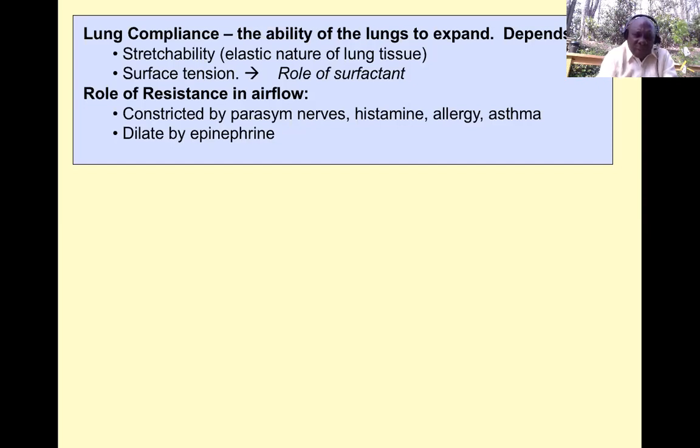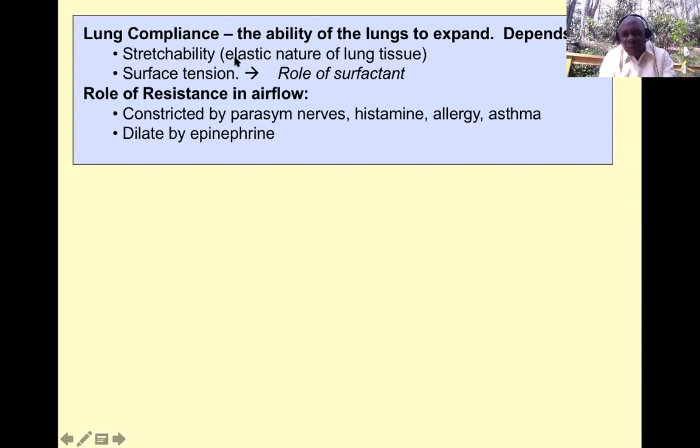The other factor that helps the lungs to expand is a protein in the lungs which is like a rubber band, and that protein is called elastin. So elastin makes the lungs elastic.